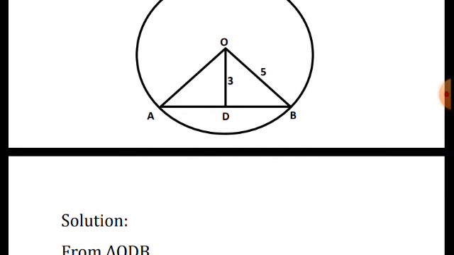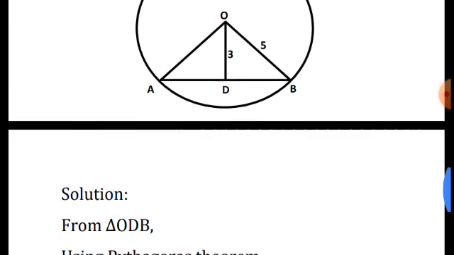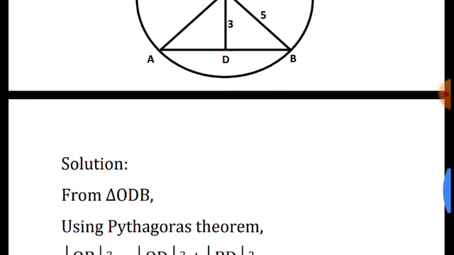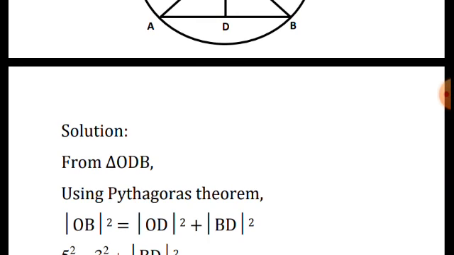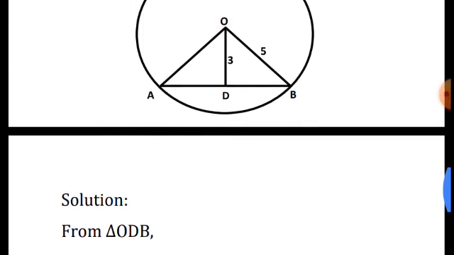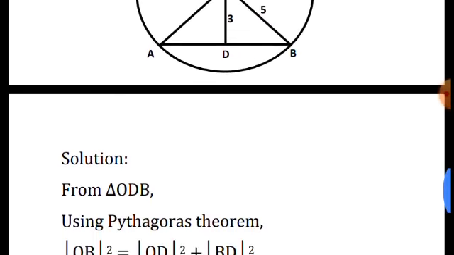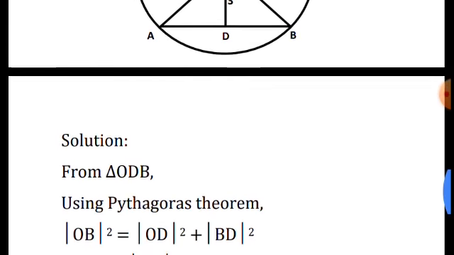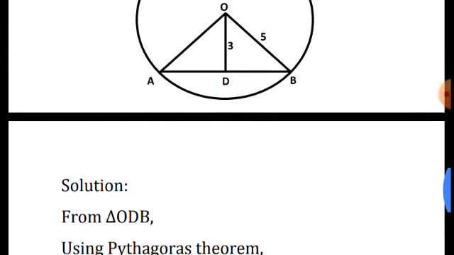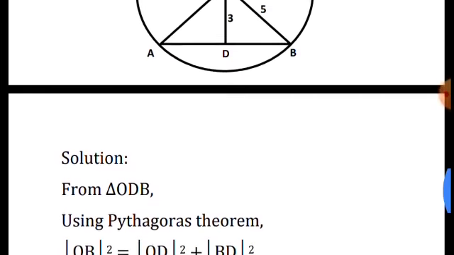But we are going to start from triangle ODB. ODB has formed a right angle triangle, and from ODB, you will agree with me that we can use Pythagoras theorem, which says OB, remember OB is the longest side, OB square is equal to OD square plus BD square.